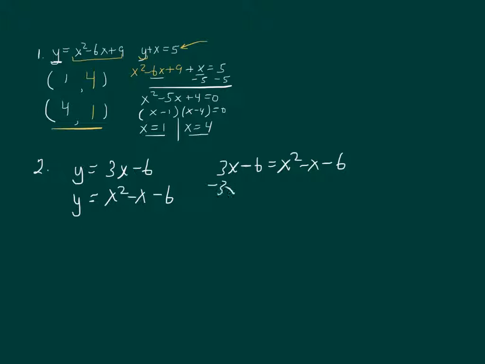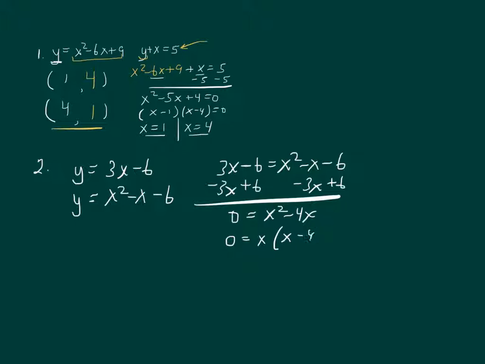And if we bring everything over to the right side, we will end up getting 0 equals x squared minus 4x. We can factor by taking out a greatest common factor, and then we can go and do a t-chart. We'll get x equals 0 and x equals 4, which in this case is just choice 2.